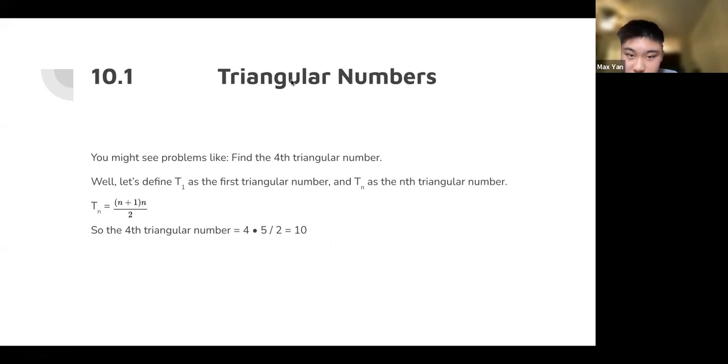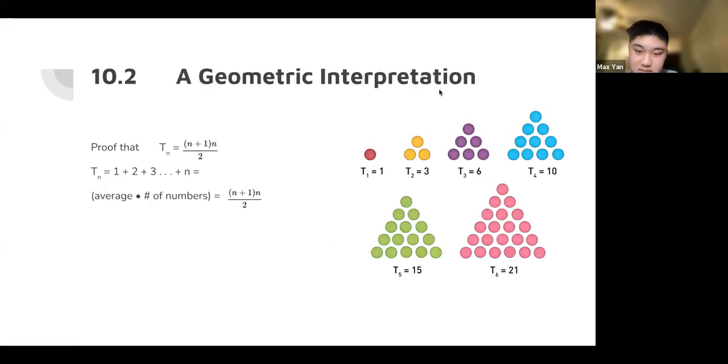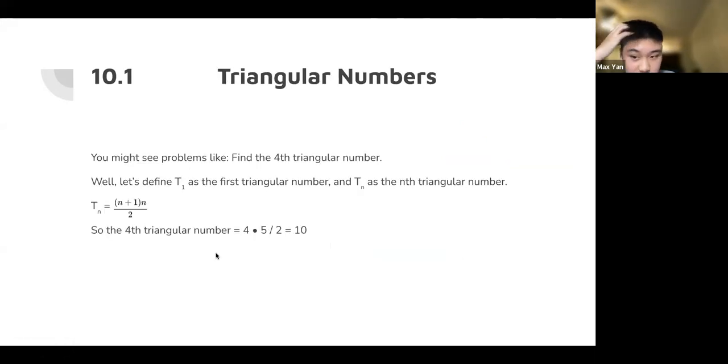Okay, so we're gonna go over triangular numbers and then we'll go over polygonal numbers, and lastly, we'll go over any questions that y'all have had. So you might see these kinds of problems. Find the fourth triangular number. Let's define T1 as the first triangular number, Tn as the nth triangular number, that they'll usually be asking you to find.